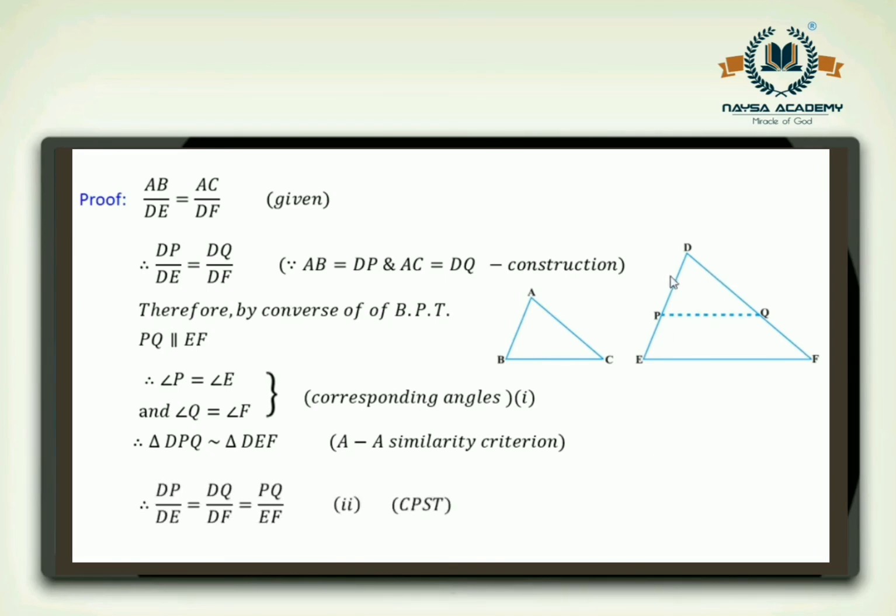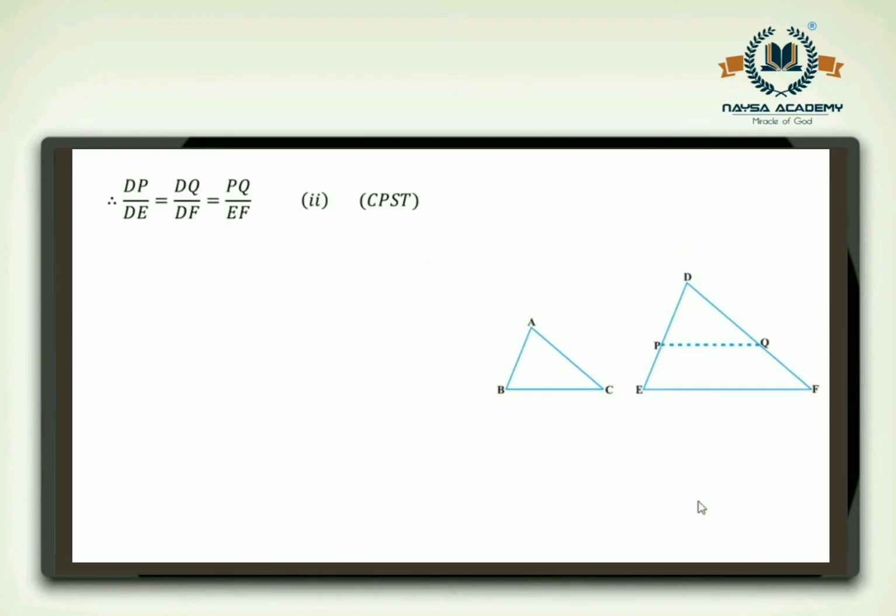As DPQ and DEF are similar, I can say that DP upon DE is equal to DQ upon DF equal to PQ upon EF. They are corresponding parts of similar triangles.